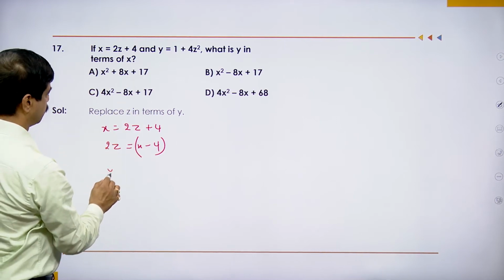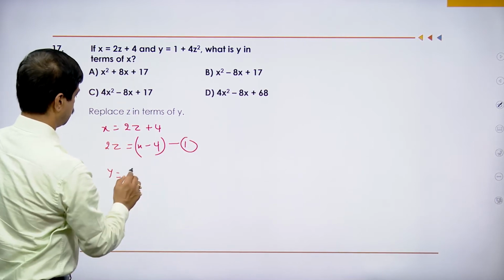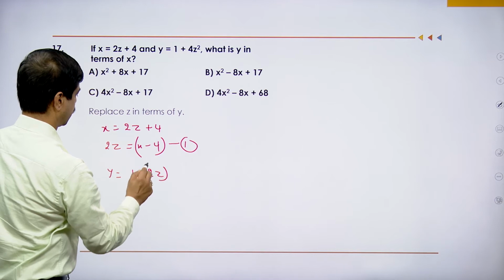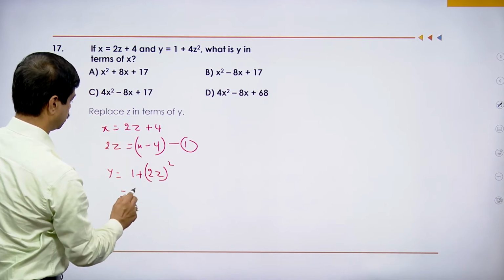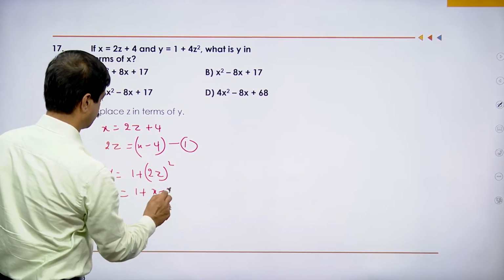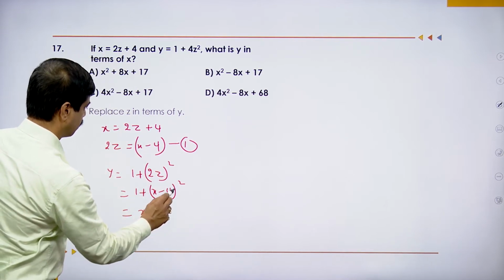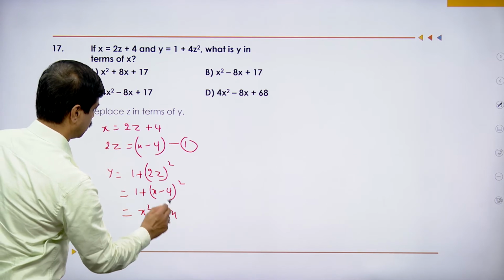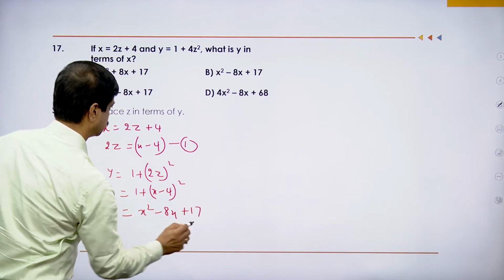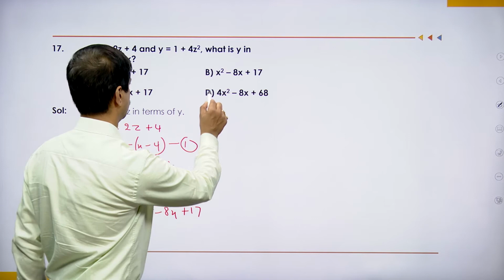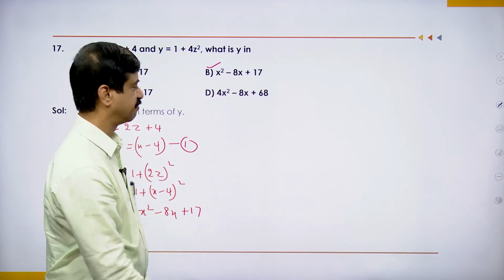So now y equals what? 1 plus 2z whole square. So this is 1 plus x minus 4 whole square. So from here we'll get x square minus 8x plus 16 plus 1, 17. So y is this. Which of the options do you have? Option B. Note it fast, quick.